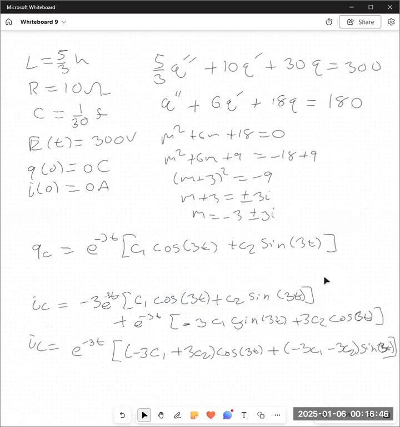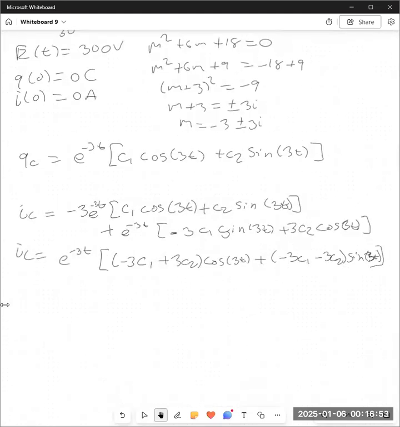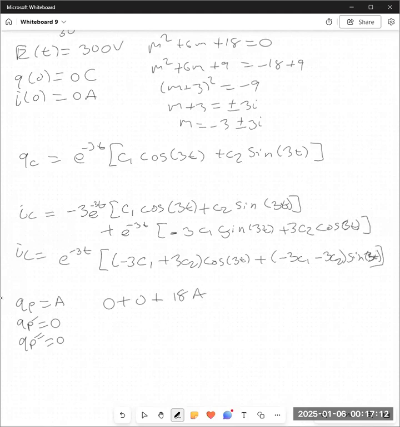And now we need to pick an appropriate QP. The right-hand side is just a constant. So QP is just going to be A with QP prime equal to 0. QP double prime is equal to 0, giving us 0 plus 0 plus 18A is equal to 180.